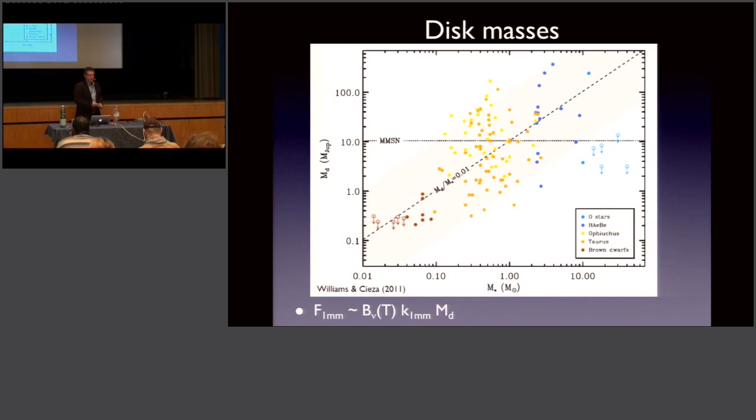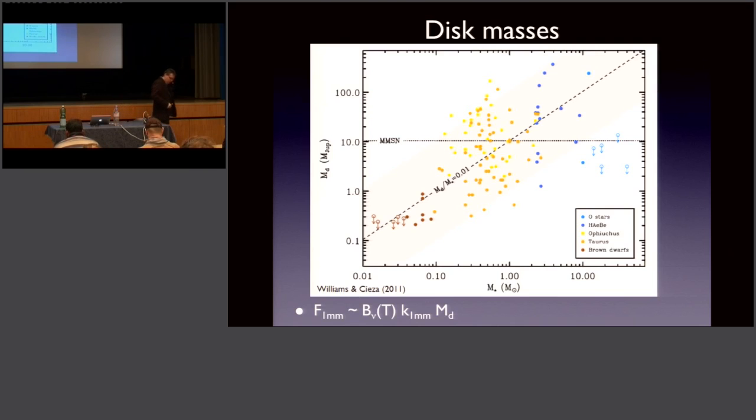Okay, once you have your millimeter measurements, as I said, in the millimeter you observe the optically thin part of the disk. So at 1 millimeter, say, the flux that you observe from your disk-star system is proportional to the temperature, the Planck function, the dust opacity at 1 millimeter, and the amount of dust.